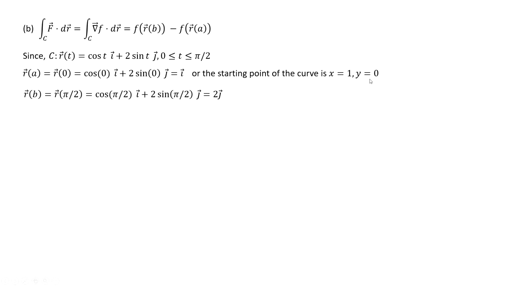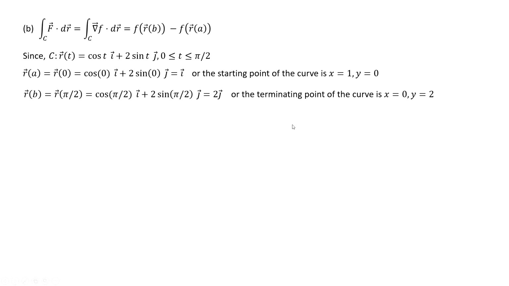Yes. Now, what do I mean by vector 2j? Is that the same as 0i plus 2j? So does that mean the ending point is x equals 0, y equals 2? Yeah. Okay, but why do you need that?